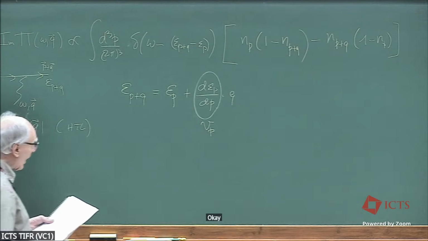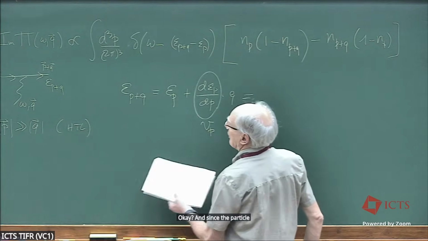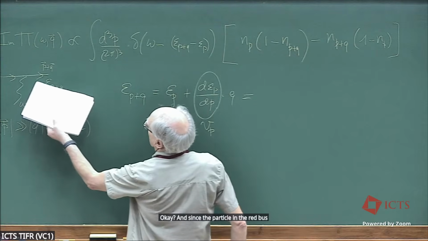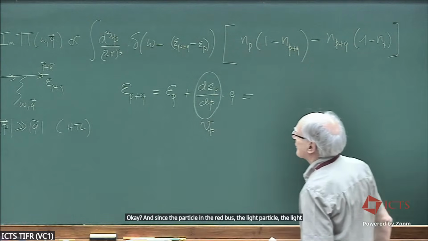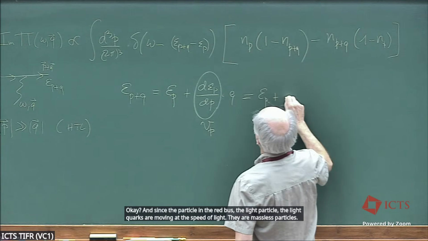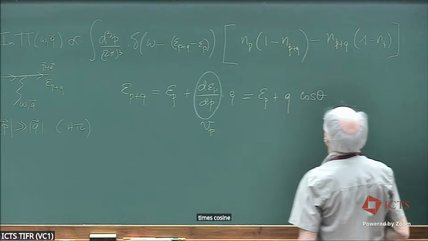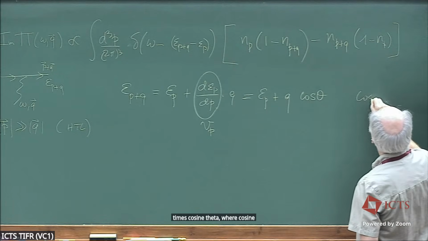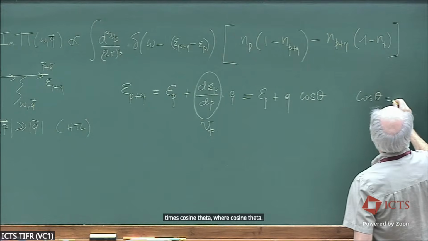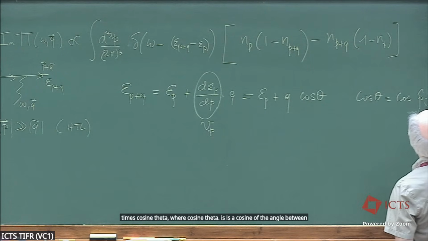Okay? And since the particles in the heat bath, the light quarks, are moving at the speed of light, they are massless particles, this is epsilon p plus q times cosine theta, where cosine theta is the cosine of the angle between the direction of p and the direction of q.